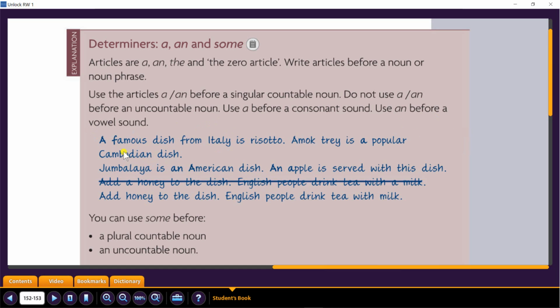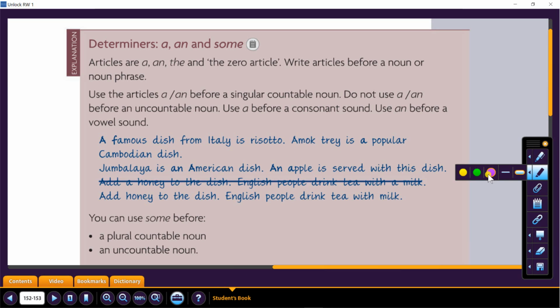Let's read the examples here, ladies. A famous dish from Italy is risotto. Amuk tree is a popular dish. So here, ladies, this is a consonant. It's not a vowel. So we use a. We cannot say an popular.